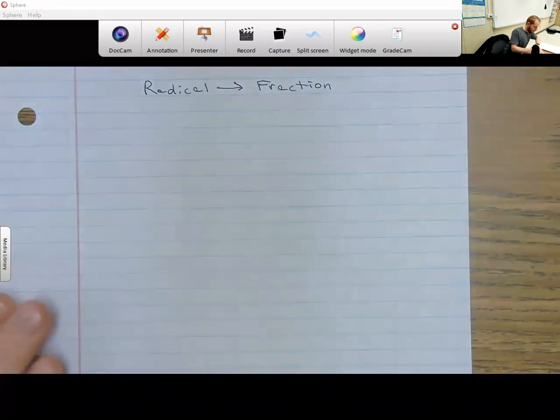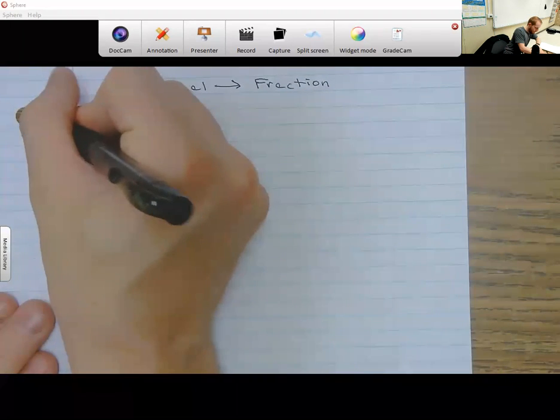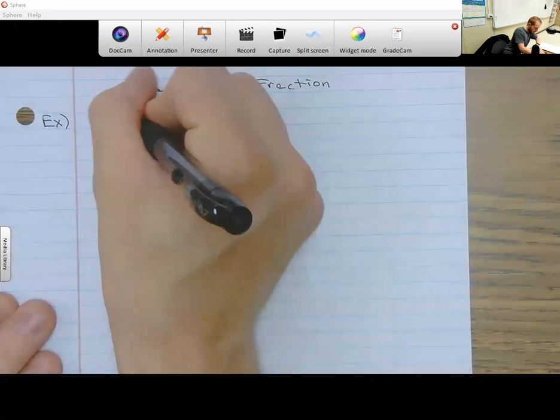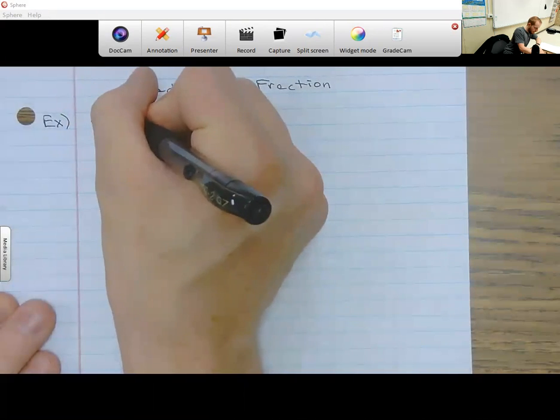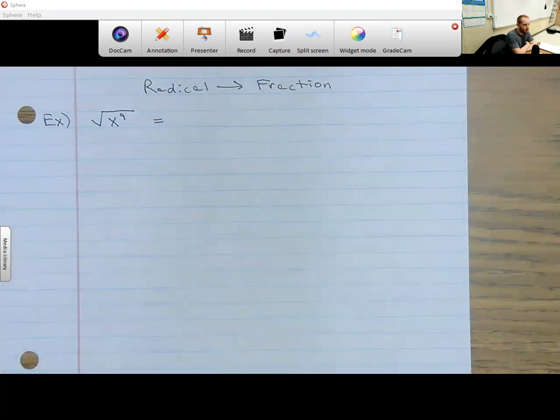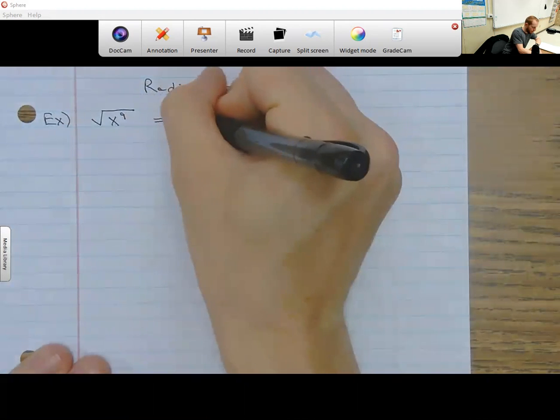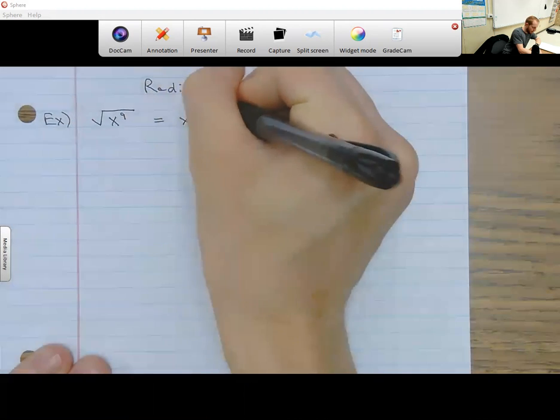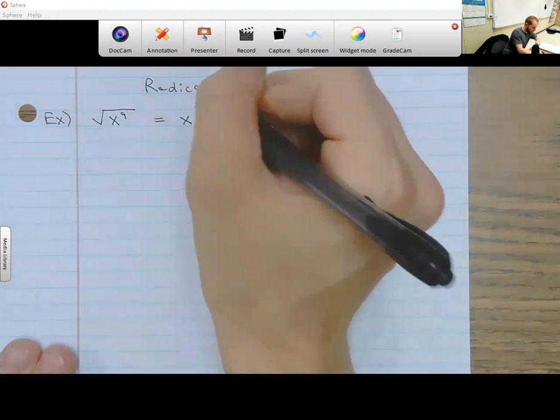The first one I want to do is square root of x to the 9th. Okay, so I've got a 9 on the inside. That means that's going to become my new numerator. So there's going to be a 9 on the top of the fraction.